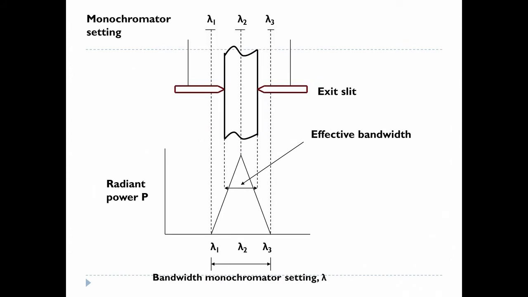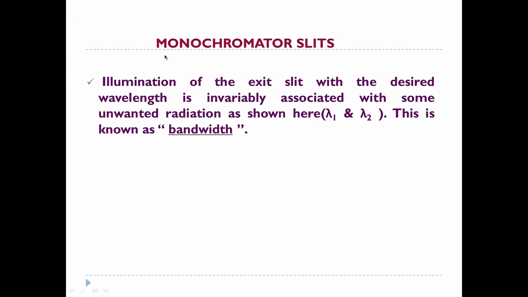In the monochromator slit, part of the radiation is the peak wavelength, that is lambda 2, and part of it is lambda 1, lambda 3, and here I have an exit slit and effective bandwidth. So, this is radiant power. For the bandwidth of a monochromator setting, if I take any radiation coming out from a monochromator slit, a bunch of radiation comes out.